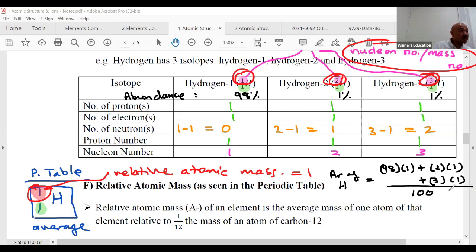Hey, come on, this is Secondary 1, Secondary 2 mathematics, percentage. Divide by 100%, to average. What's the value? I'm very sure 1.000 something. Oh, not that small, it's 1.03. Based on the O-level periodic table, only 1, if not 2 decimal places. So it's 1.